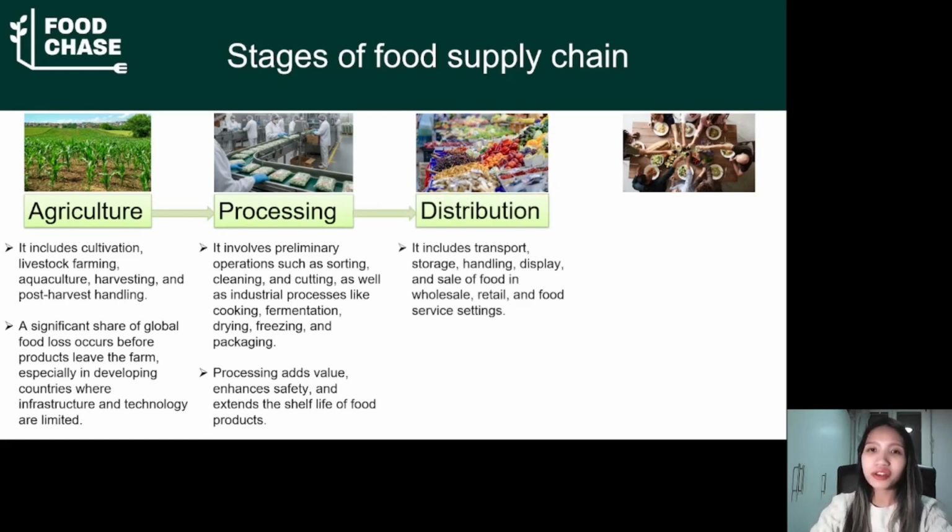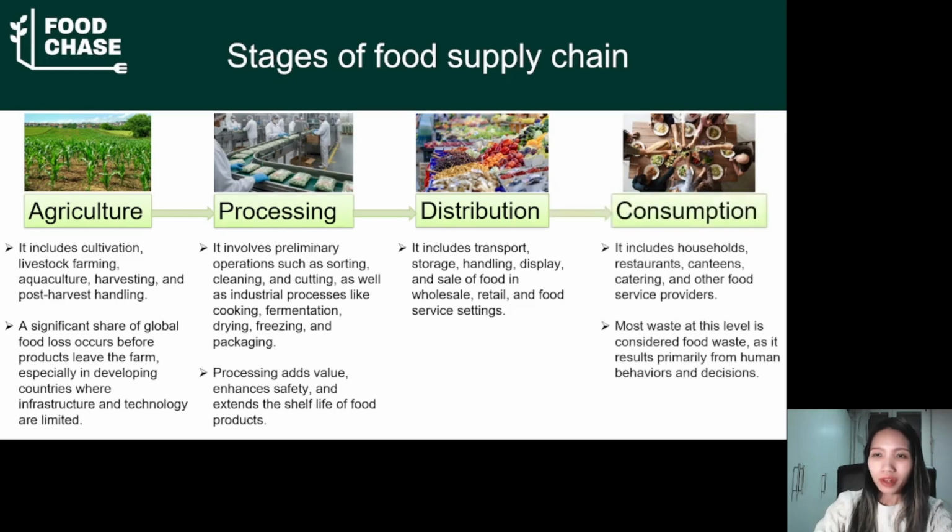There is a connection between the food processor and the consumer. Because consumption is the final stage of the food supply chain. It includes household, restaurant, canteen, food service in general. Most weight of this level is considered food waste as it results primarily from human behavior and decision.